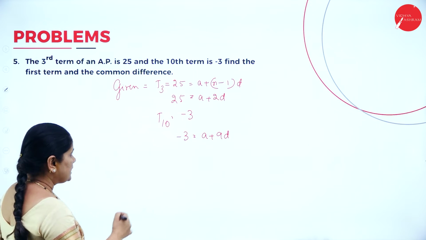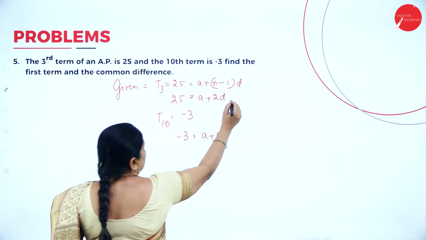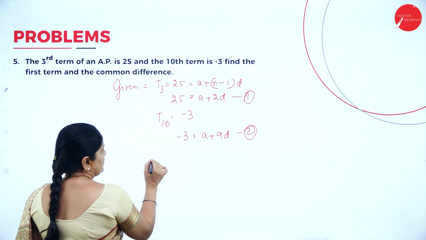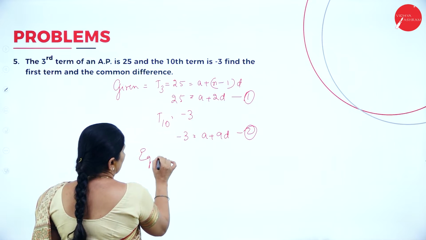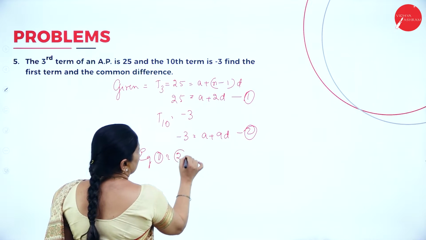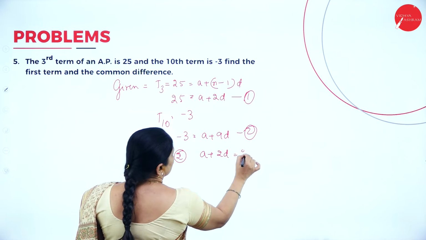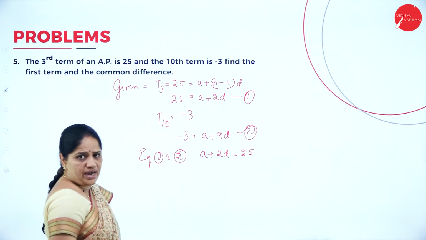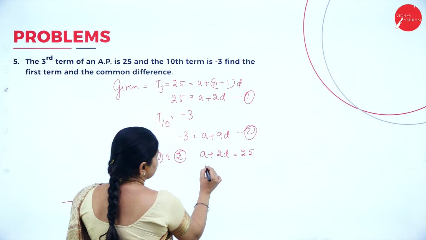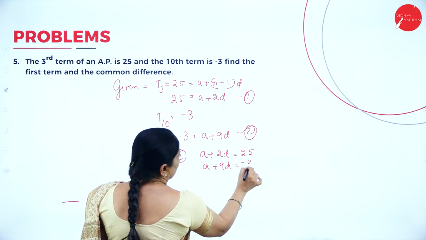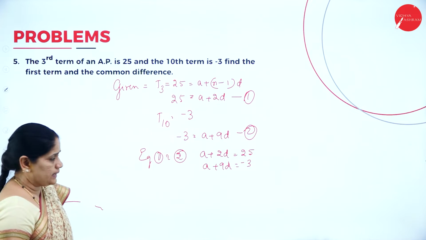So that will be minus 3 equals A plus 9D. Now we'll write this again here. Equation 1, equation 2. So I write A plus 2D equals 25. Then A plus 9D equals minus 3.